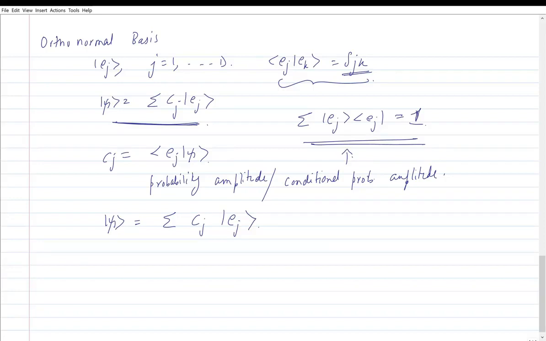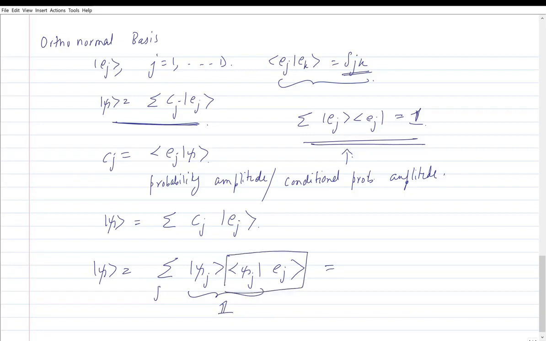So for example, psi can also be written as the sum over j of psi, ej. Remember, this is the identity. So what do I get? Sorry, I screwed up the notation a bit. Let's say the basis vectors were ej.